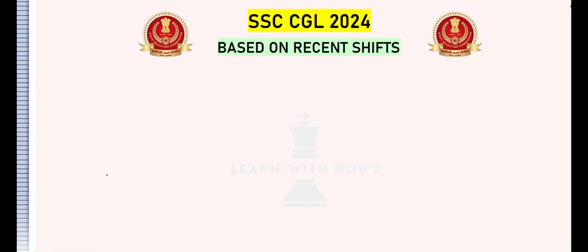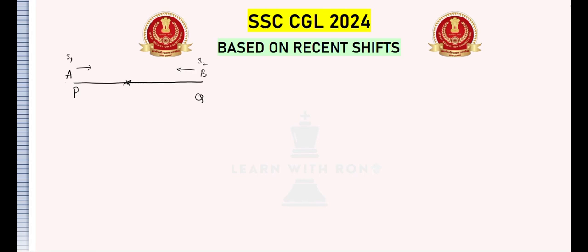And one more is a small concept. See, for example, there are two stations here, station P, station Q, and there are two trains, train A and train B. Train A is moving towards station Q and train B is moving towards station P. And let's say train A speed is S1 and train B speed is S2. If they are moving in opposite direction, they will meet at some other point, right?